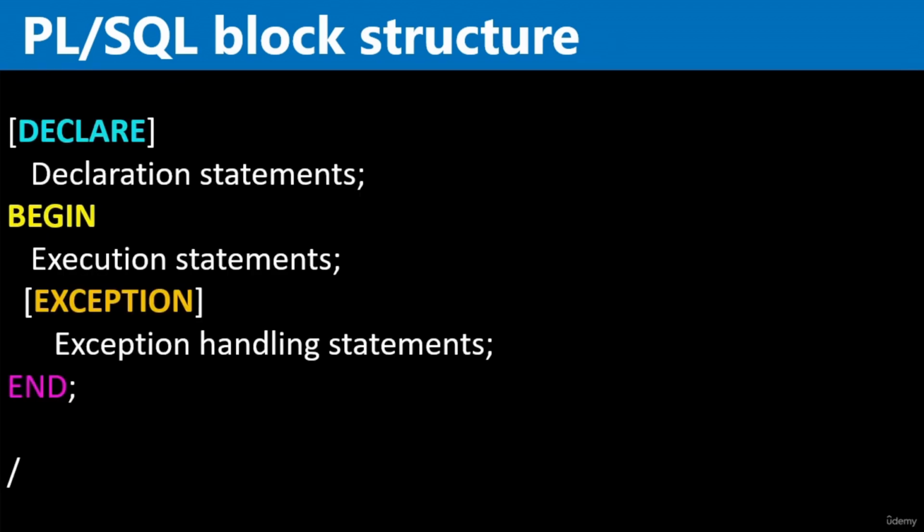This is an example of a PL/SQL block structure. A typical anonymous block structure has three basic sections. We have the declaration, which is an optional section. We have the execution section. This section is mandatory.